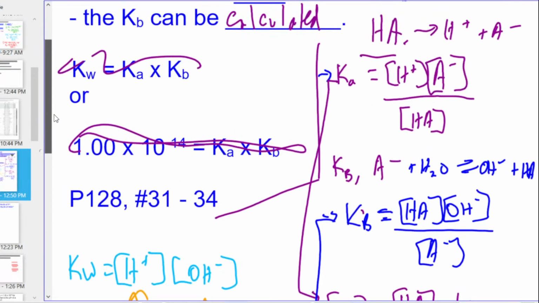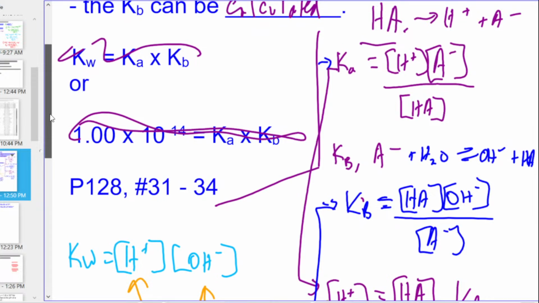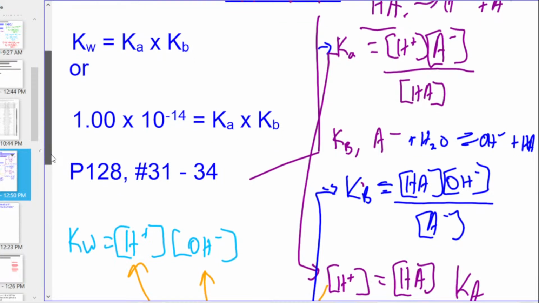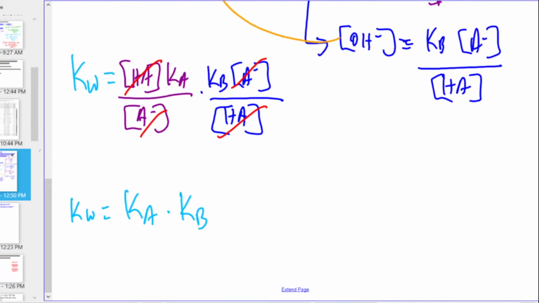So the original equation I started with, Kw, I said ignore that for a second. I wanted you to know where that came from. It's not just arbitrary that it works out like that. It's because they're conjugates that everything can cancel in that way. And so that gives you a very quick way of calculating Ka and Kb. So if you have the Ka of something, as our table does, then you can very quickly calculate the Kb.